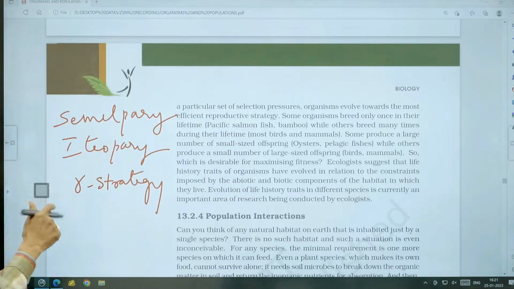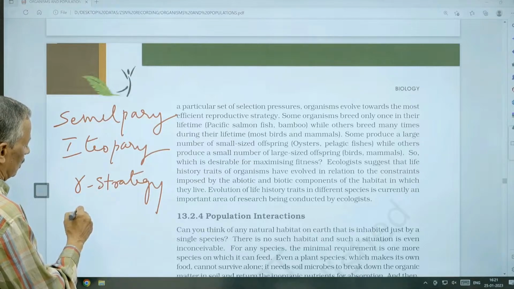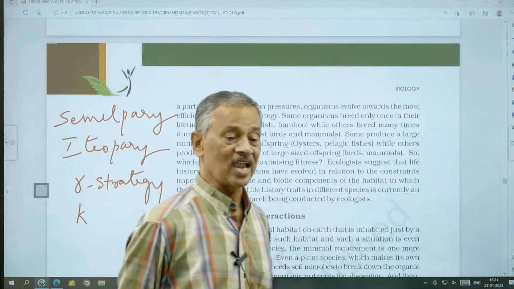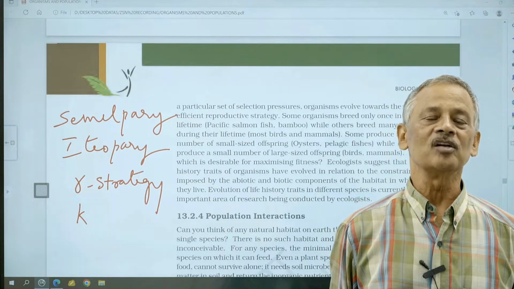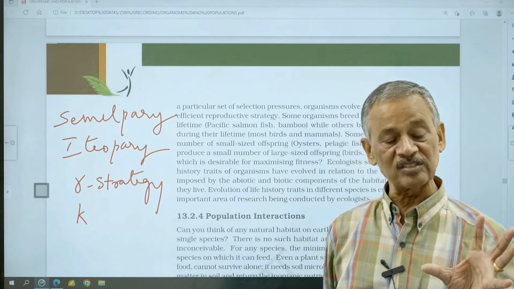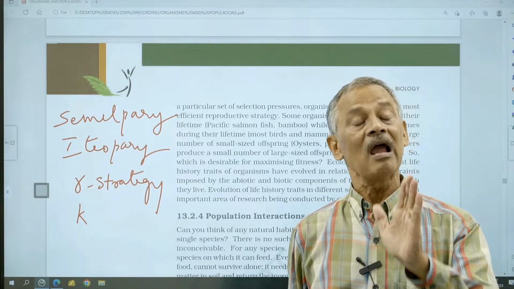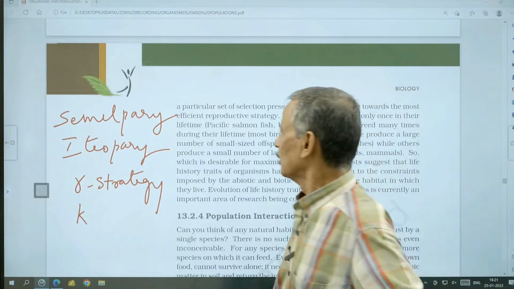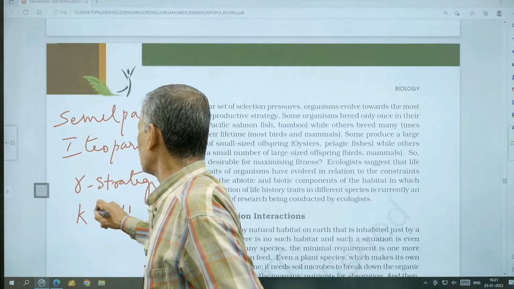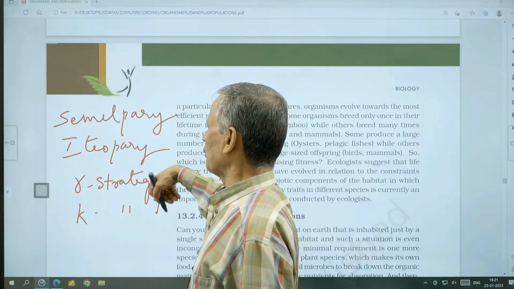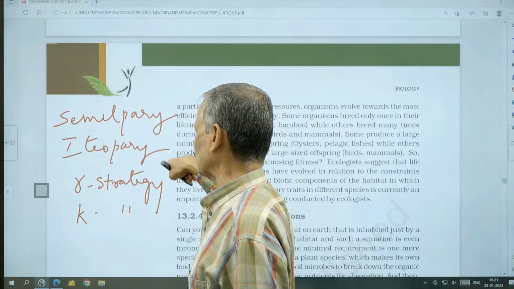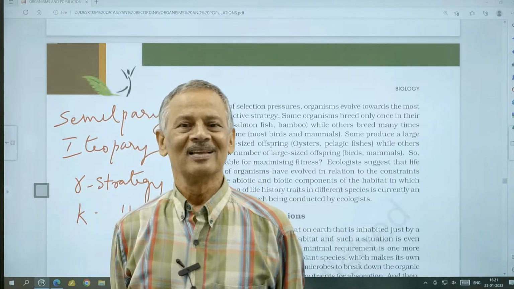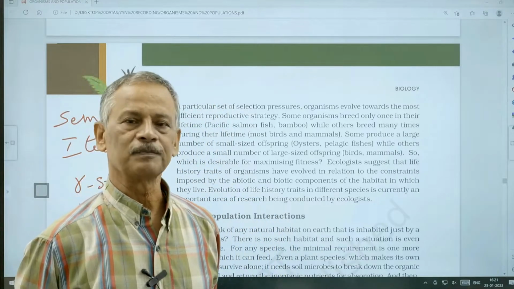Whereas some others will produce only a very small number of large sized young ones, as is the case of birds, mammals, etc. They produce large sized young ones but few in number, so that almost all of them will reach the adult stage. So they have developed so many different techniques. Some use semelparity, some use iteroparity, some are utilizing the r strategy, some are utilizing the K strategy. K is the carrying capacity strategy.